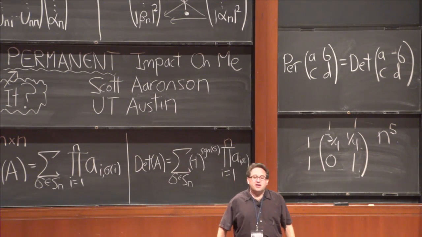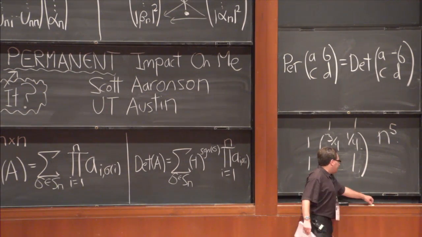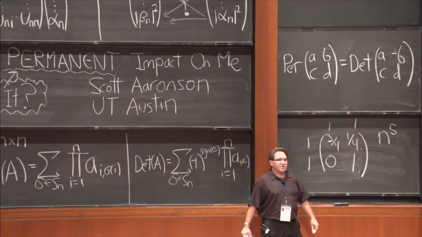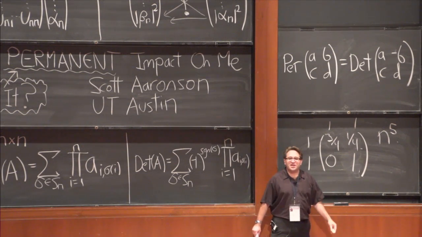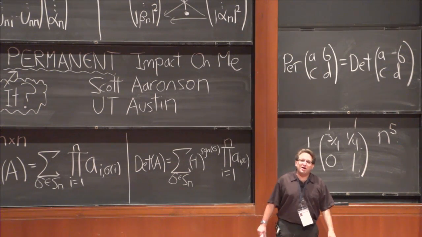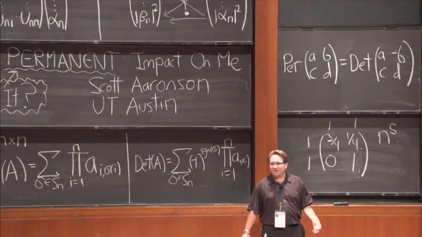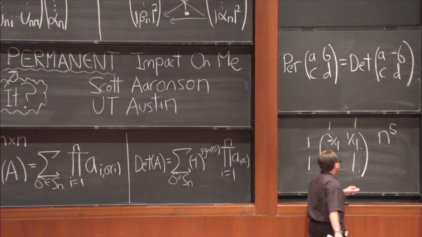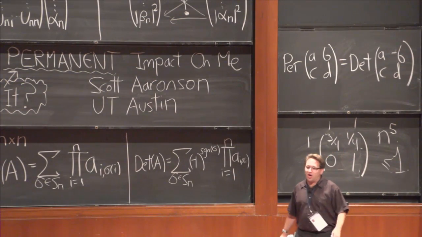But now it is also not hard to see that, in fact, for any non-negative matrix, the permanent can be at most the product of all of the row sums, or at most the product of all of the column sums, which means in particular that the permanent of this matrix is never going to exceed 1.